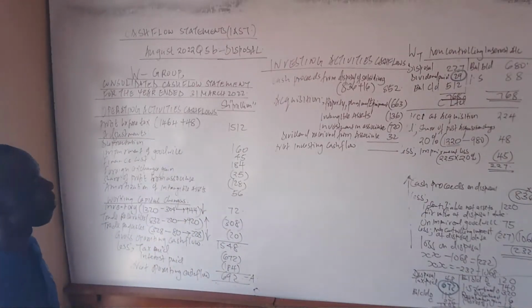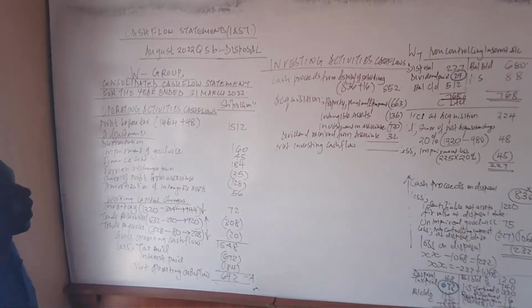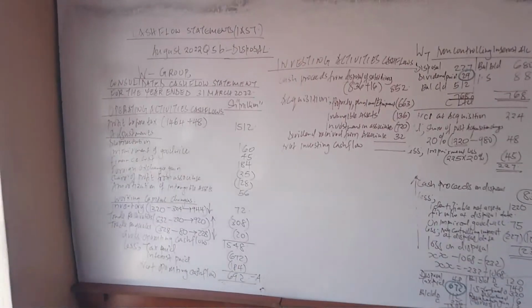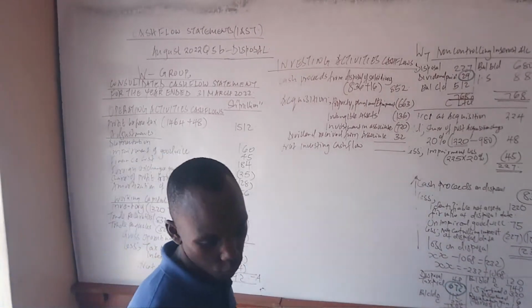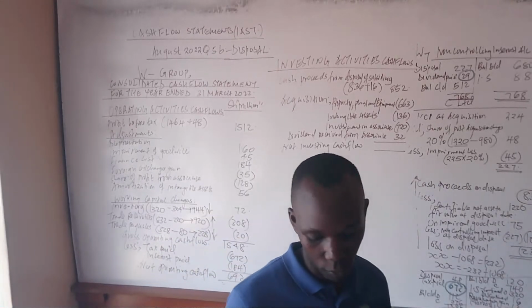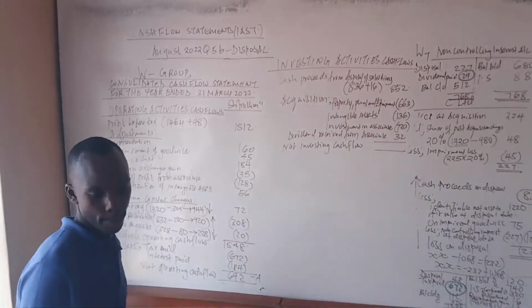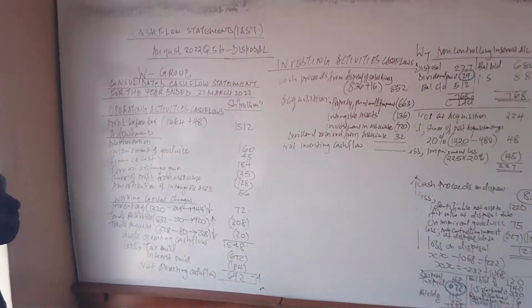So we need an idea about what we already had on disposal. Remember, the cash flow is about cash inflows and cash outflows. So how much do we have? Net investing cash flows.